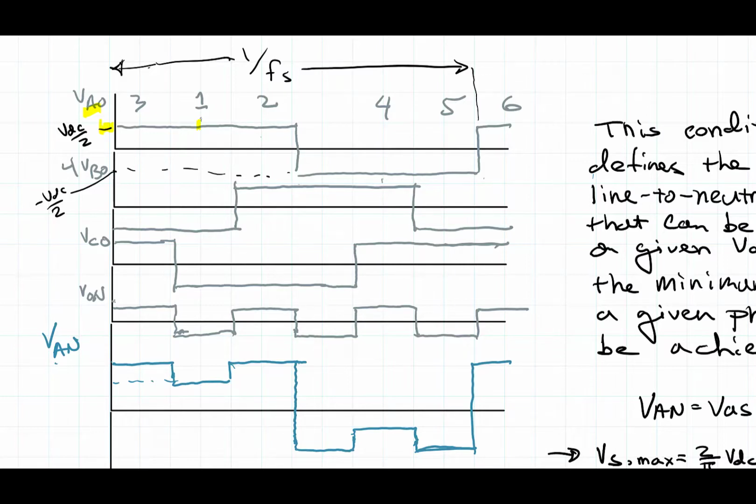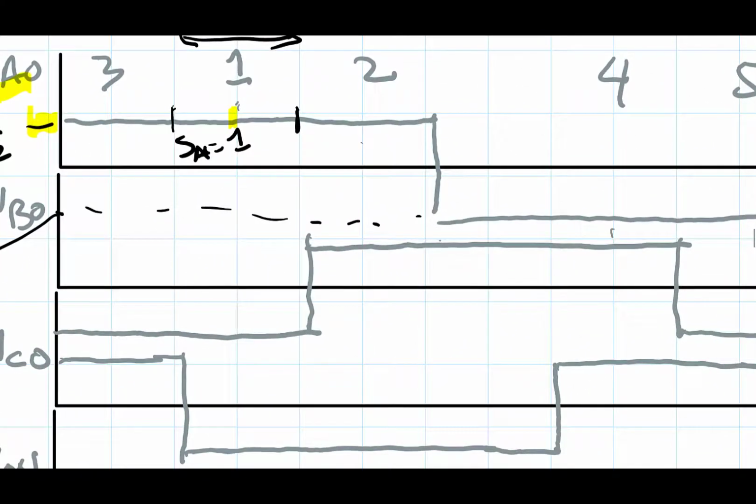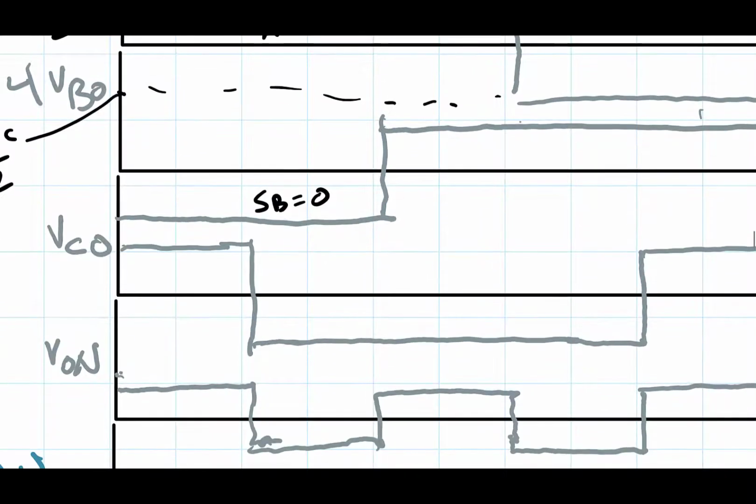And you can see what's really happening. If I'm in sector 1, it's between these 2 points right here. When I'm in sector 1, my VA0 is connected to the top rail, so it's going to be VDC over 2. That means that SA is equal to 1. I was using capital letters there. Go down to SB. SB is connecting to the negative rail, so SB is a 0. The bottom switch is on. And SC is a 0.